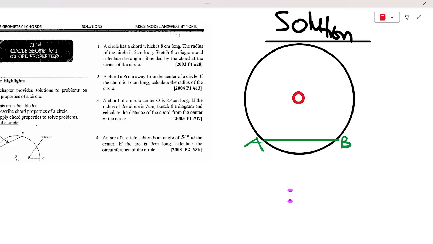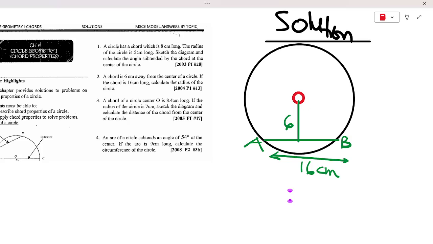Then the chord is 6 centimeters away from the center, that means from the center to the chord is 6 centimeters. The whole chord AB is 16 centimeters long. The question is to calculate the radius of the circle.